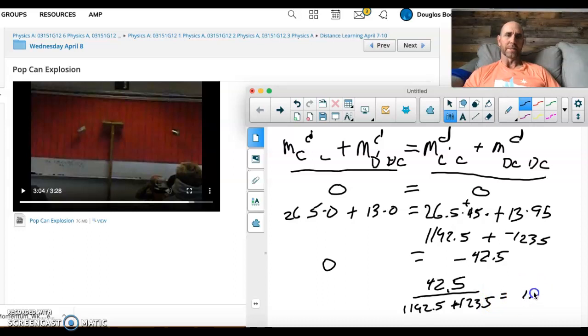About 1.7% error. 0.017 times 100 is 1.7% error. So it does show you that momentum is conserved even for a violent collision like that, or explosion like that. The total momentum before, 0, was in essence 0 afterwards as well. We just have to designate one direction as positive and one direction as negative.